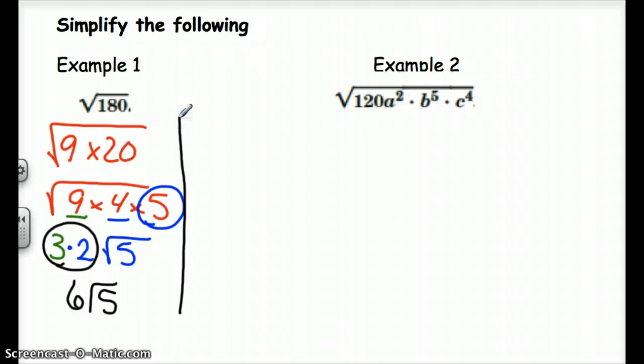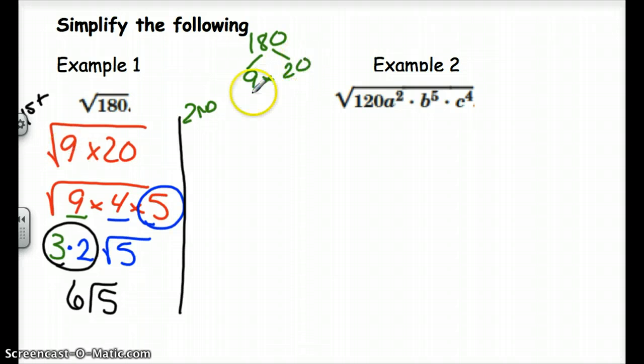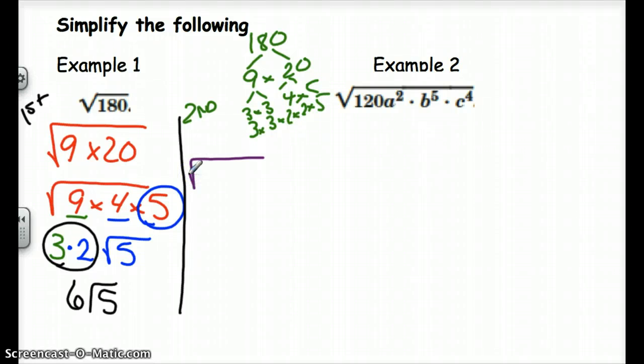Your second way would be to make a factor tree, 180. Again, I'm doing 9 times 20 is 180, 3 times 3, 4 times 5, and then 3 times 3 times 2 times 2 times 5. Then I'm going to write that all underneath the root.